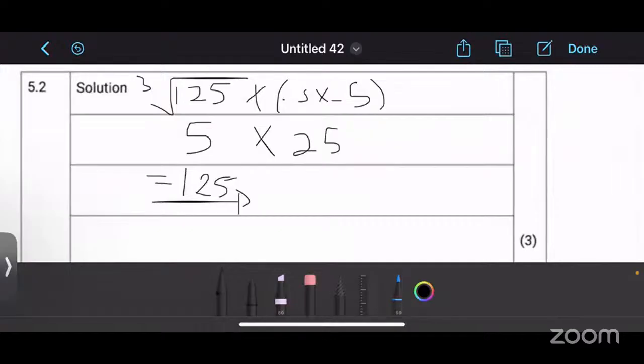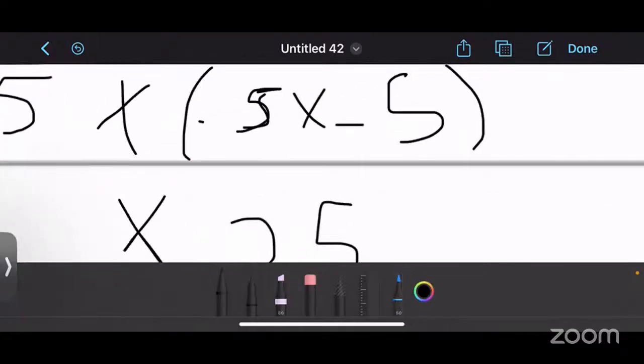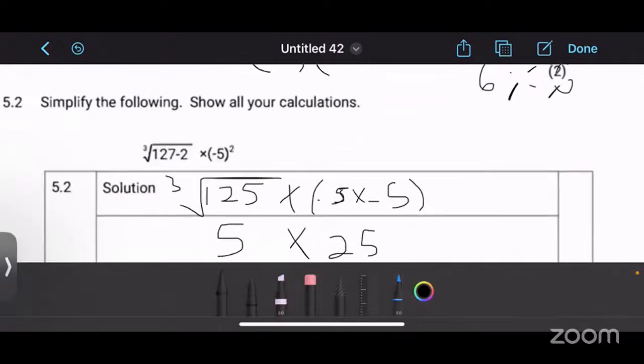And this is Manahil's answer. Thank you, Manahil. Ole, how did you do it? Ma'am, I said, like I'm -2 times -5, ma'am. It gives me a positive number. Where did you get the -2 from? Because ma'am, it's -127.